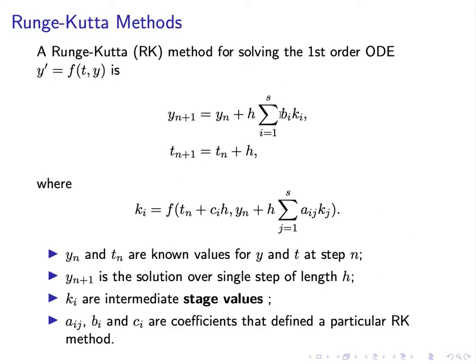The coefficients bi are used in updating the solution yn plus 1, and the coefficients ci and aij are used in the calculation of the stage values. Now, specific values of a, b and c define a particular Runge-Kutta method. There are lots and lots of Runge-Kutta methods. They have different values of a, b and c, and that's what differentiates them or tells them apart.